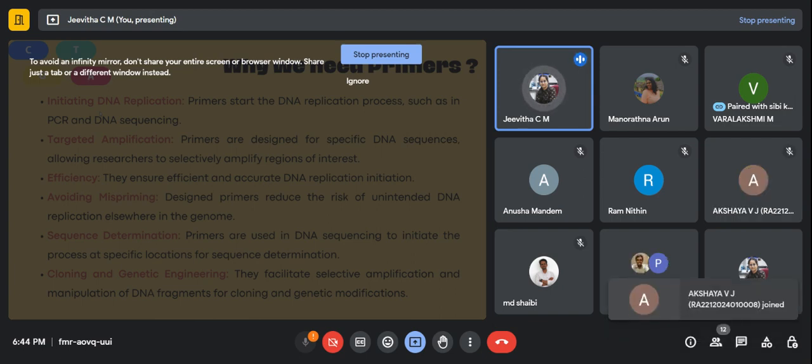And we also use primers for sequencing. When we are going for a higher equipment, like NGS data analysis, Sanger sequencing, everything. Because when we are going for Sanger, we can't give the entire data, because the size limit Sanger can amplify is only around 1600.